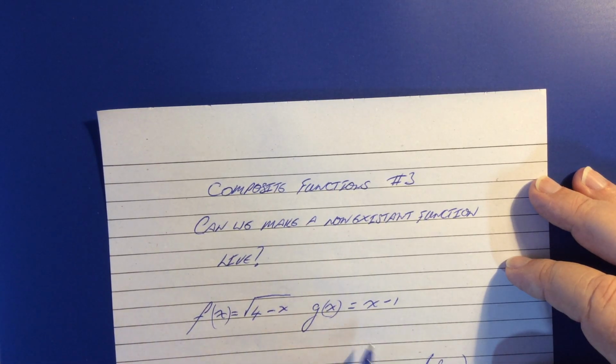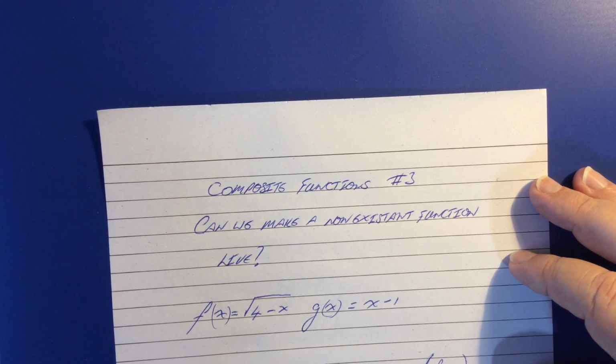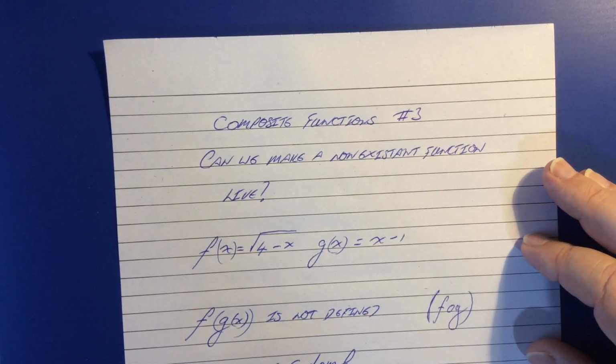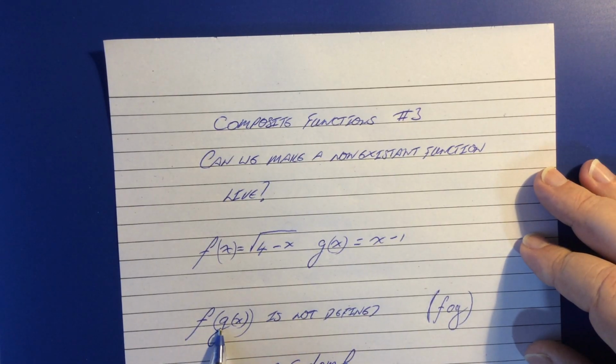In this example anyway, if we look at g, there's no restriction on the domain or range of this function. This is a straight line function. Its domain and range run from negative infinity to positive infinity. I suspect there's a problem. And so I note further down the page that f of g is not defined. Why is it not defined?